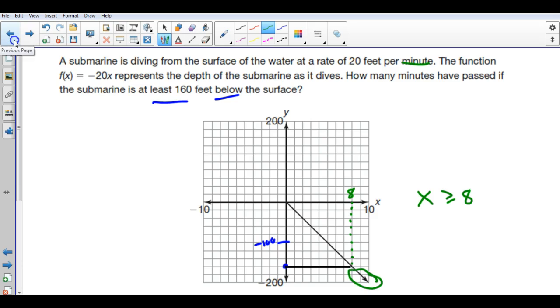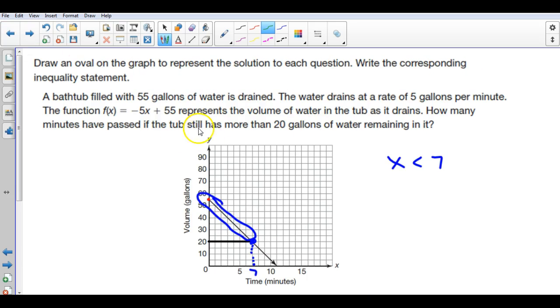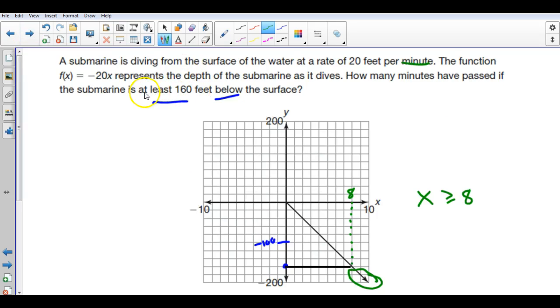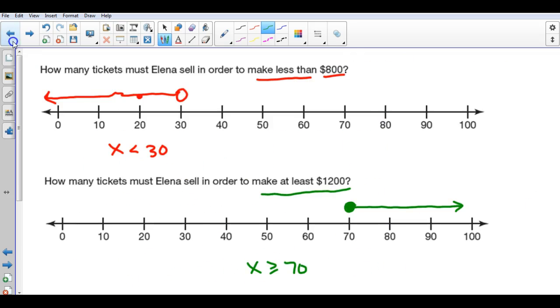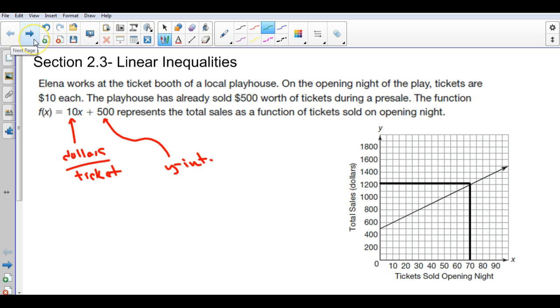In the last example, we were looking for more than. Notice now we're saying at least. When we put at least, that means that word equal to has to be in there somewhere. So greater than or equal to, in this case, 8 minutes, means that this person would be at least 160 feet below the surface.